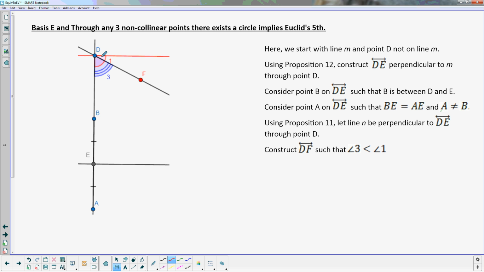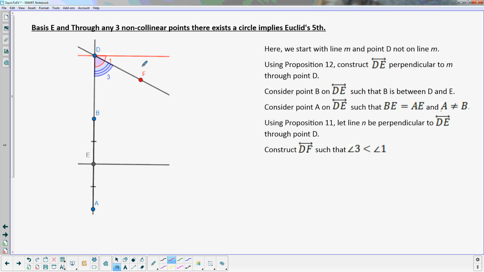I know that angle 1 here is actually a right angle, as it's the intersection of two perpendicular lines. But I'm selecting point F such that angle 3 is less than a right angle.